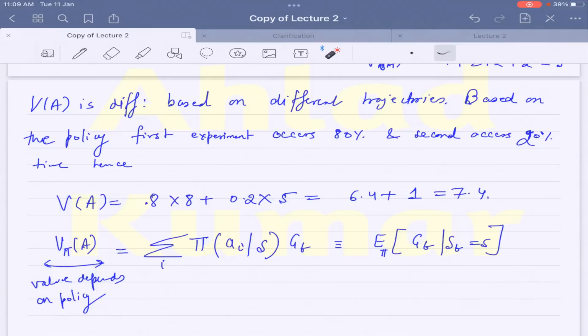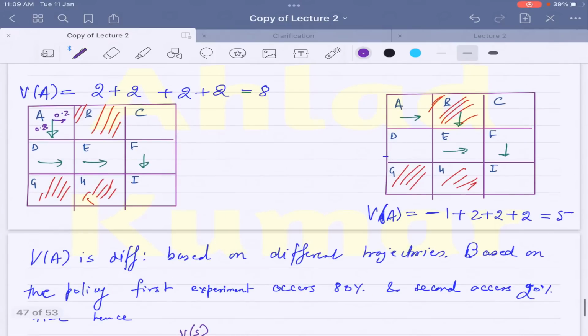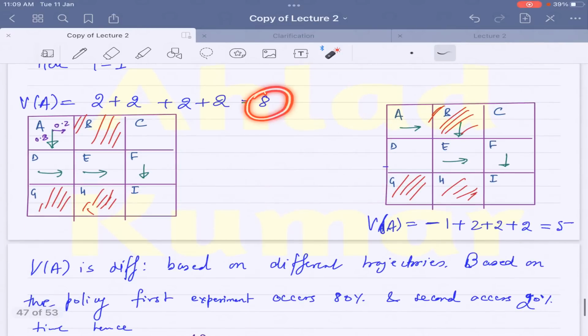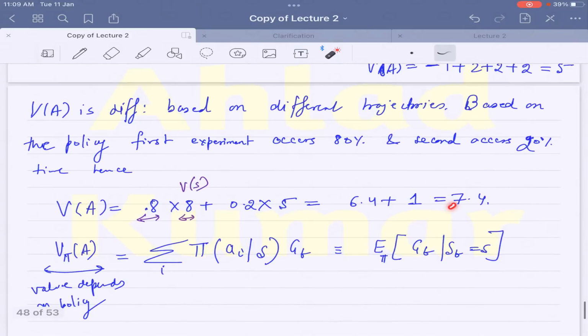Earlier, when we had a deterministic policy, as in the case of the Markov reward process, there were no actions involved, so at that time these values were 1. But now, because the actions are involved and they are stochastic in nature, they will be replaced by their corresponding probabilities. So that's why we have 0.8 here multiplied with the value function of a particular state following this trajectory. The value that you were getting here was 8, right? So finally, the answer you will get is 7.4.